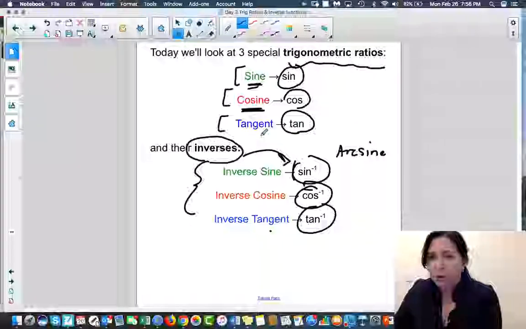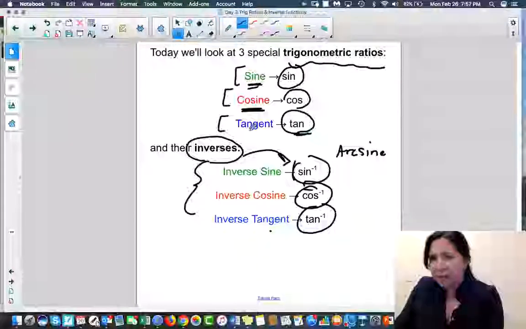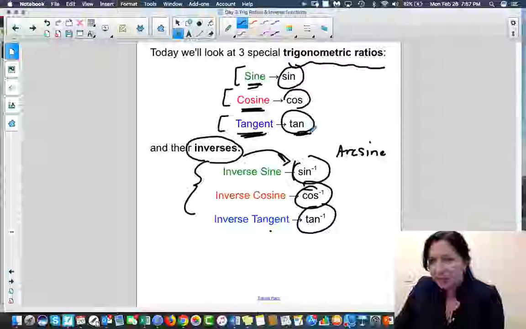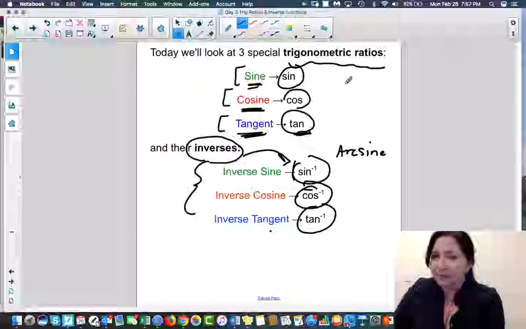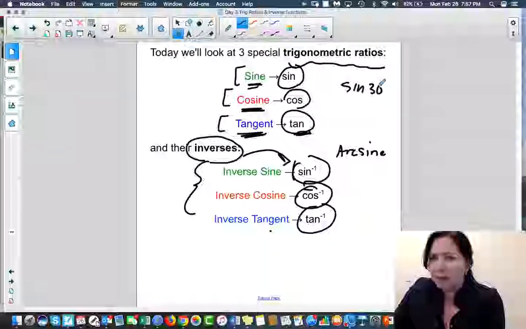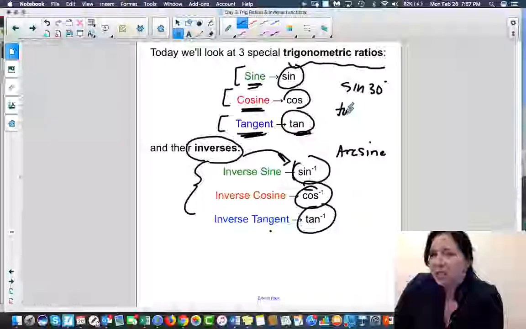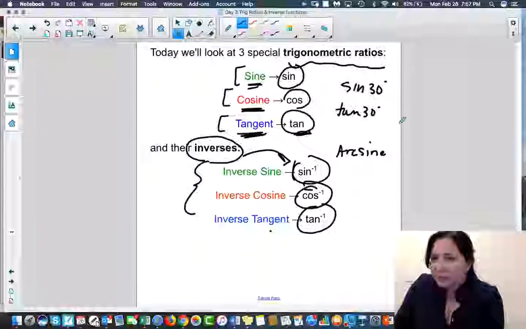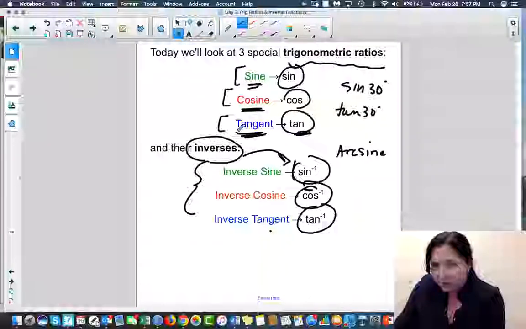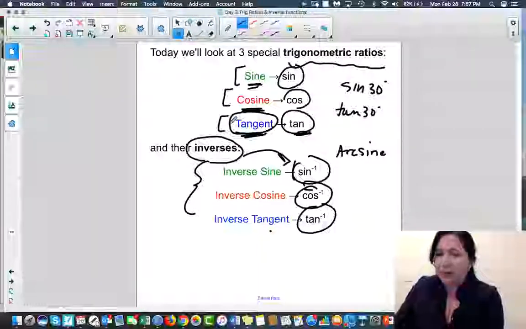I say the whole word, even though I'm just abbreviating it. So if I were to say sine of 30 degrees, I'm actually saying the whole word. If I were to say tangent of 30 degrees, this is what I'm writing. This is what I'm saying, tangent, okay?